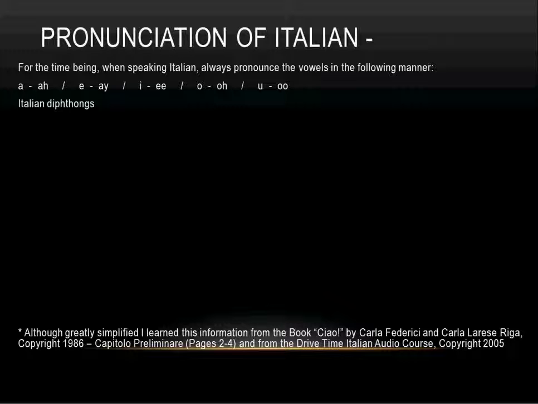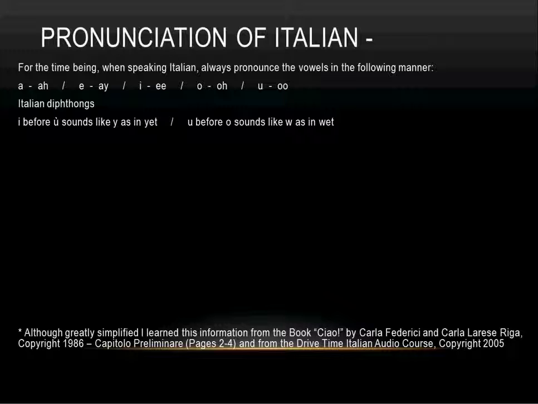Okay. Next, Italian diphthongs. If you have an I before an accented U, it sounds like a Y as in yet. For instance, if you had the word P, I, accented U in Italian, that's pronounced as più.